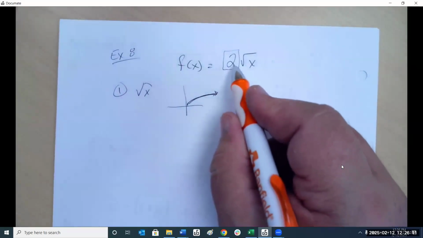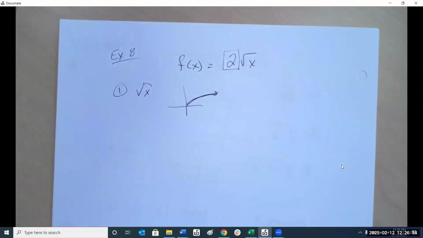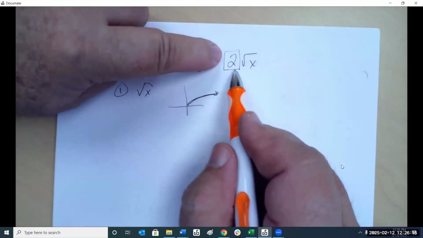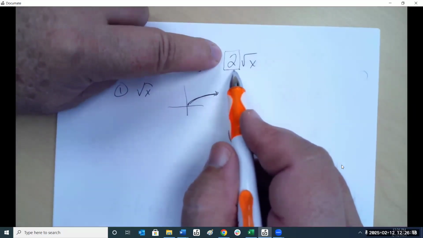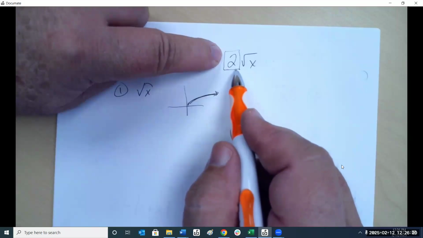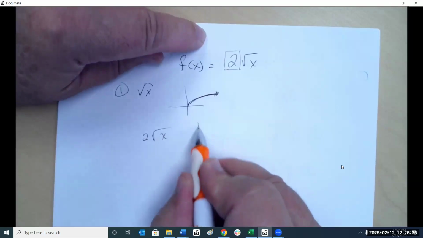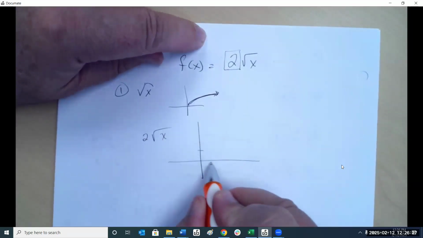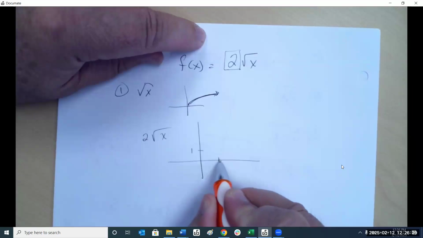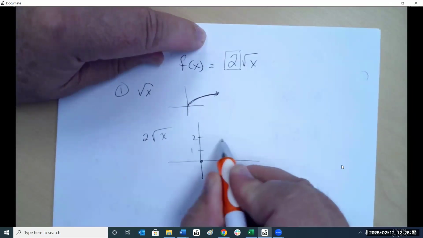What does that one do? It happens outside. So since it's big, it makes it bigger. Is it a vertical or horizontal? It's a vertical. Since it's 2, what happens here is instead of 1, it now becomes 2.